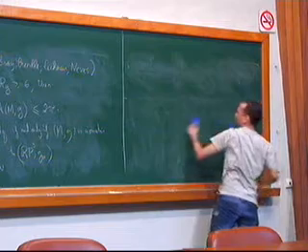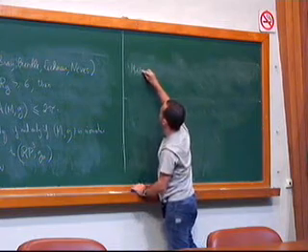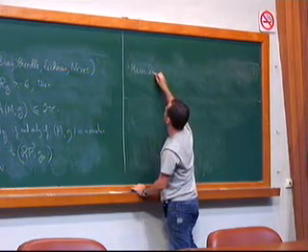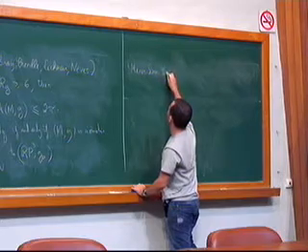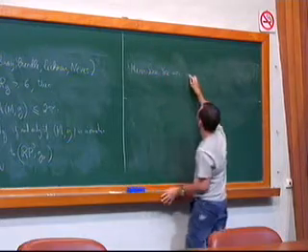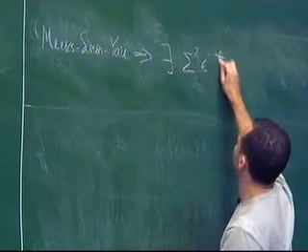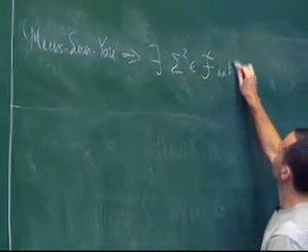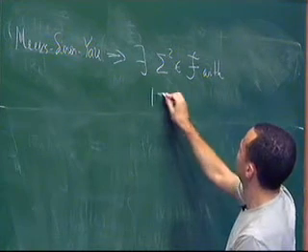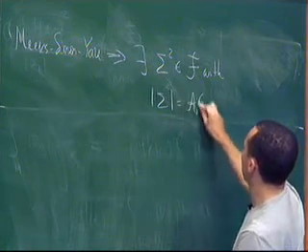Again, Meeks, Simon, Yau implies that there exists sigma in the collection with area of sigma equal to the infimum.